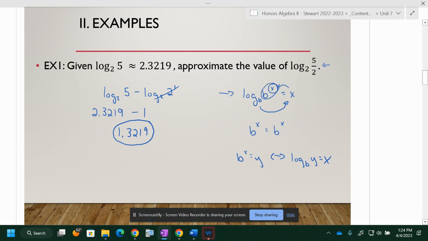This b to the x is what you see here. It's the whole entire thing. Essentially, if your base and number are the same, then it's equal to the exponent.